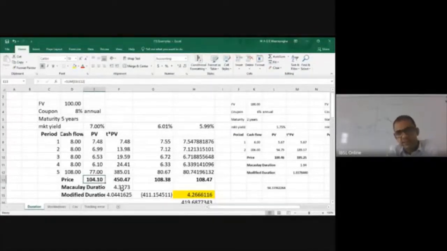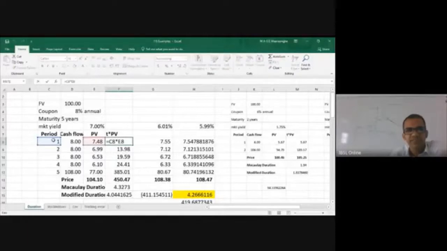Then to calculate the duration, what do we need? If we go back to the equation, it is time multiplied by the present value of cash flow, and add those terms together. So here we calculate the multiplication of this time by the weight. This is the weight. The present value of the cash flow is the weight.